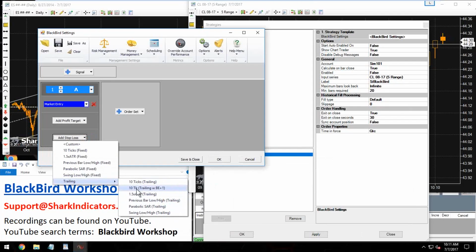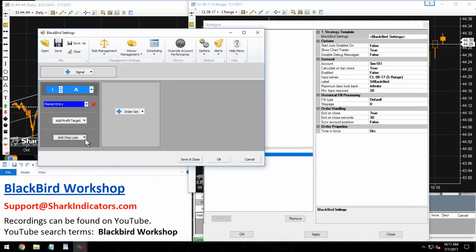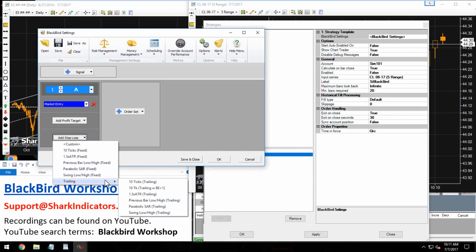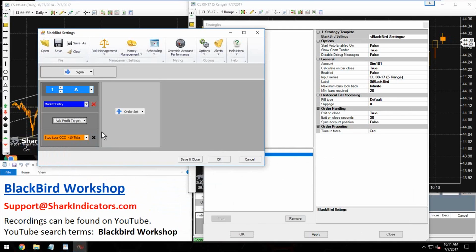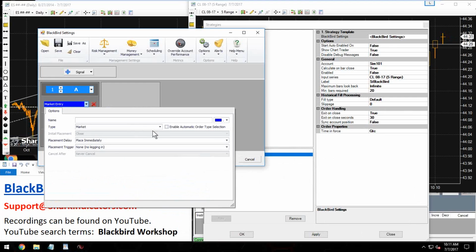You can see there's one here that has a 10 tick stop loss with a break even +1 and then trailing to it as well. So actually, let me select that one. So stop loss have trailing, but you know what? Even your entry orders have trailing.